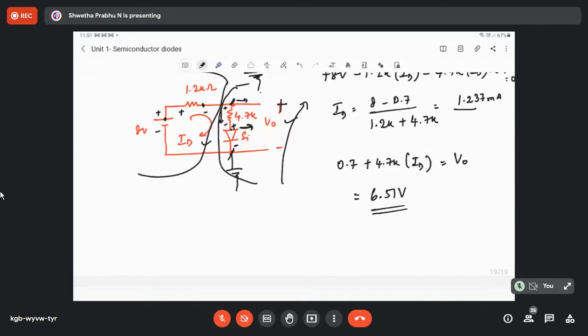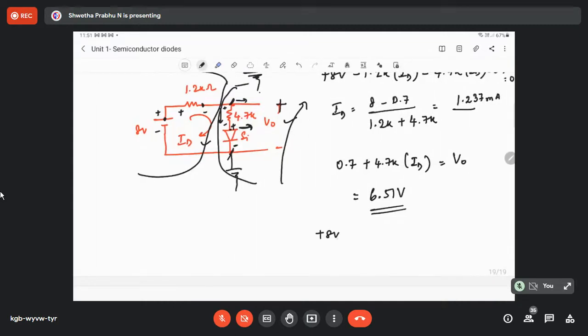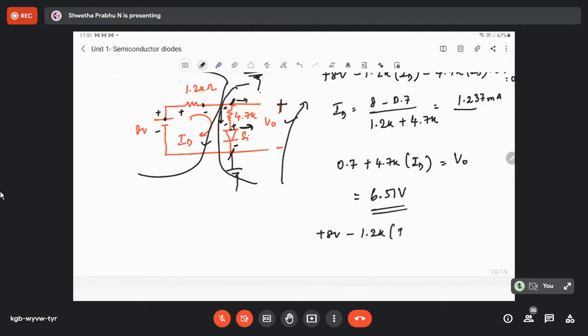If you want, you can verify. With respect to the other branch, this is plus 8 volts, and here you have minus 1.2k multiplied by ID. So solve this, 8 minus 1.2k multiplied by ID, and tell me how much V0 you are getting.